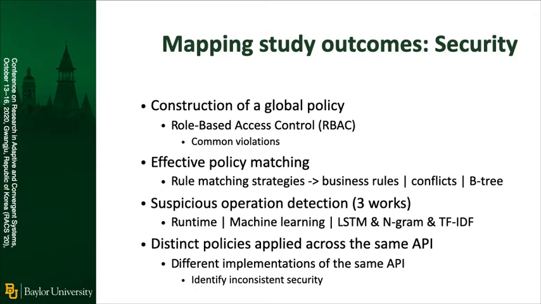Suspicious operation detection in distributed systems has been addressed by 3 different works, and this is related to the runtime. So in real time, we want to find out if there is some operation performed that should not be performed, and they are using machine learning and deep learning.